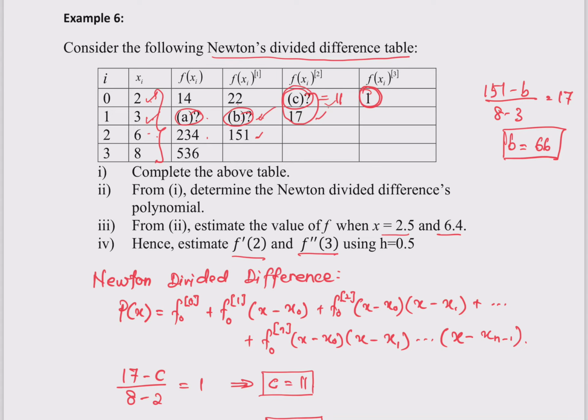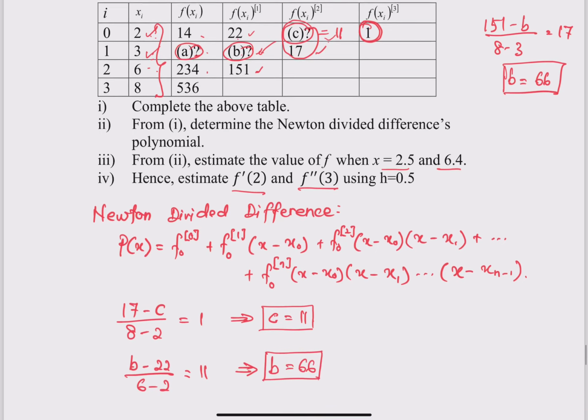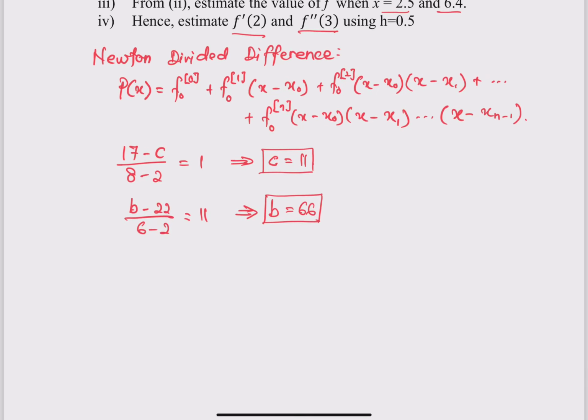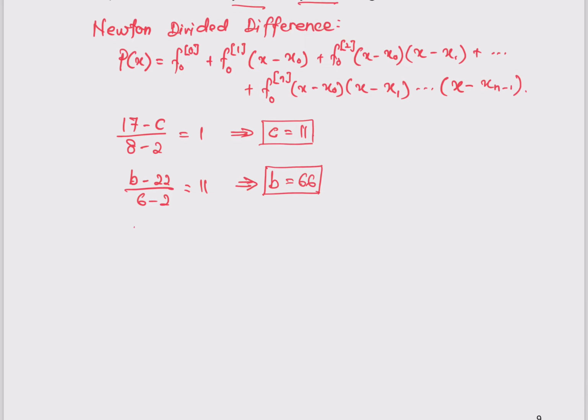We can also use a minus 14 divided by 3 minus 2 is equal to 22, and this implies your a is equal to 36.